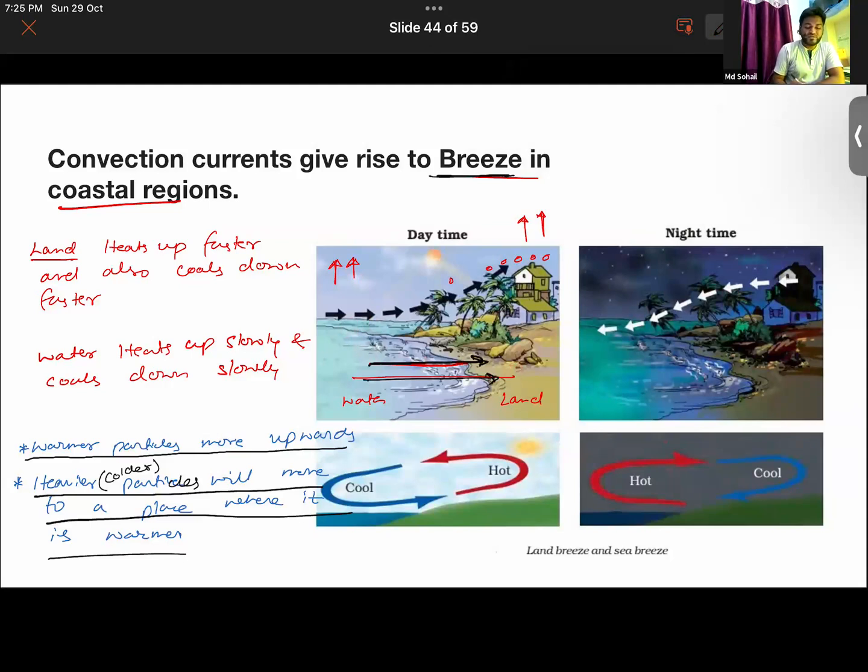And then again, as soon as the air molecules travel towards the land, since land is warmer, those air molecules that were coming from the ocean side will also become warmer and start to rise up, right? So this leads to a continuous cycle of movement of air from the ocean towards the land side.